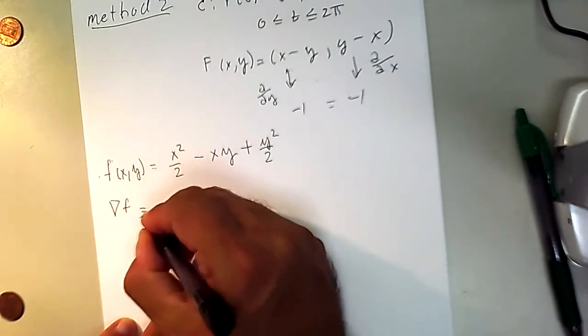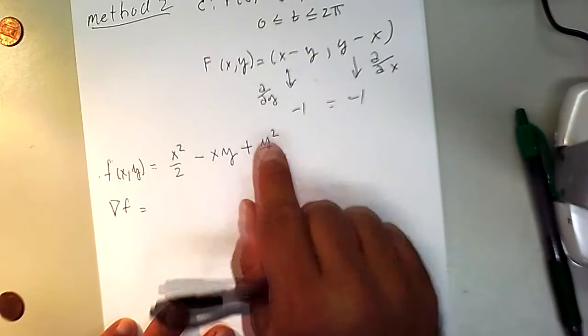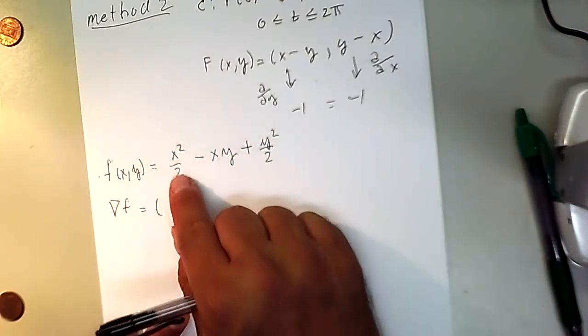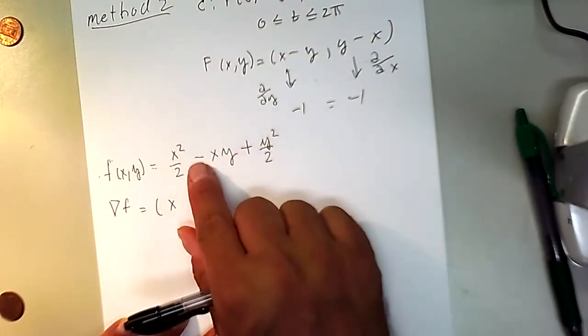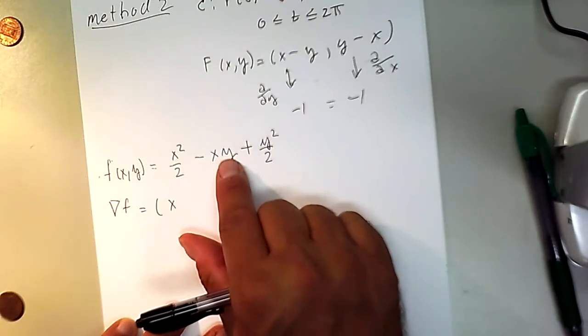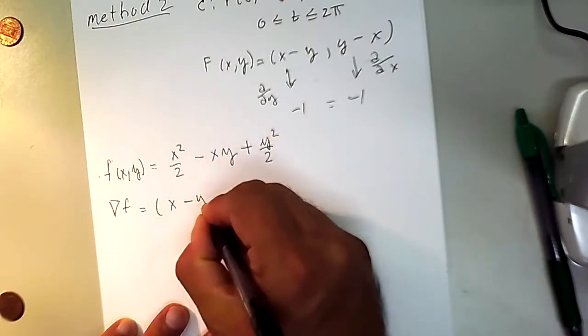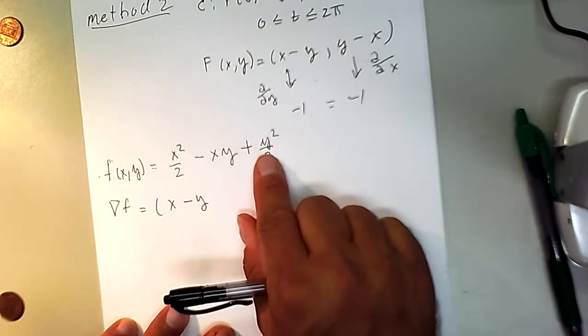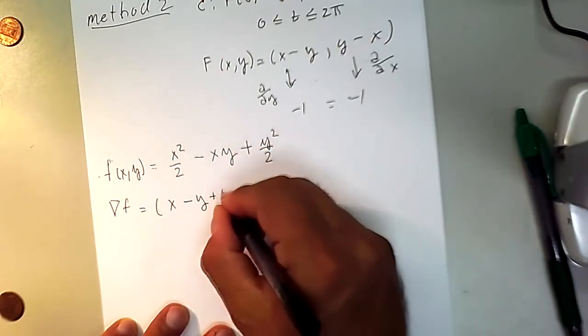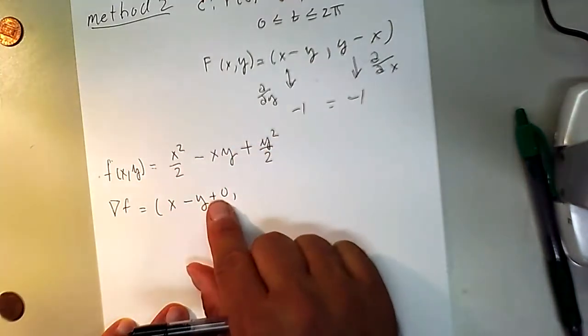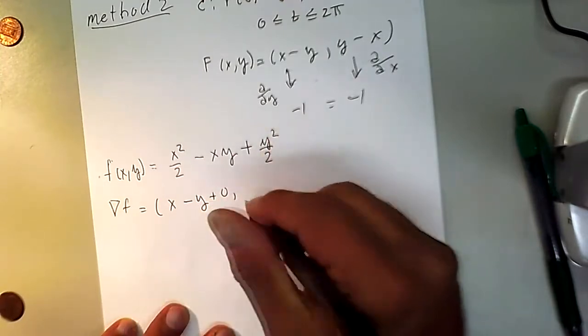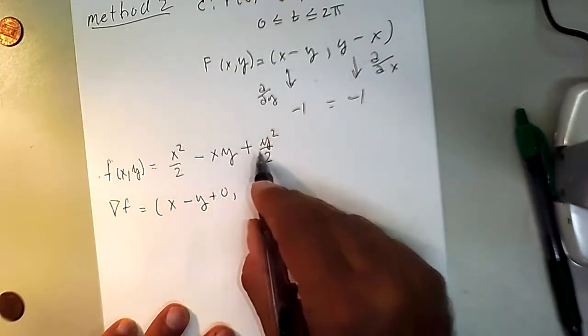So the gradient, so what is the derivative of this with respect to x? Well, it would be 2x over 2, which is x, minus the derivative of this with respect to x would be y. And then the derivative of this is 0. I'm going to put down a 0, even though we're going to ignore it anyway, but for the record that we actually did 3.